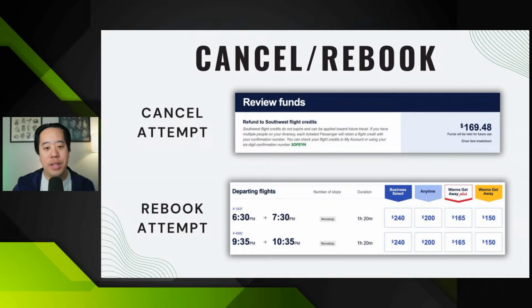When you look at those funds, it's like $169.48. If you want to rebook that flight, you can see that the departing flights are cheaper, and so you can rebook the flight with the funds from the canceled flight. That's exactly how you would do that instead with basic economy flights.